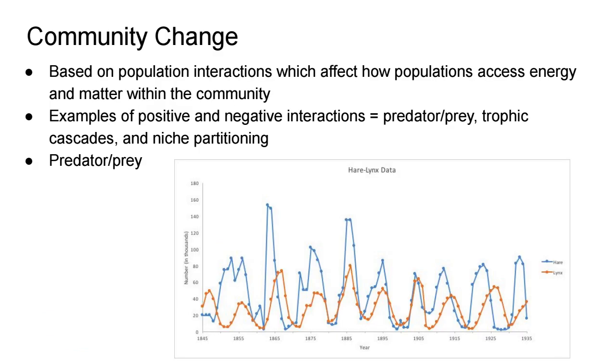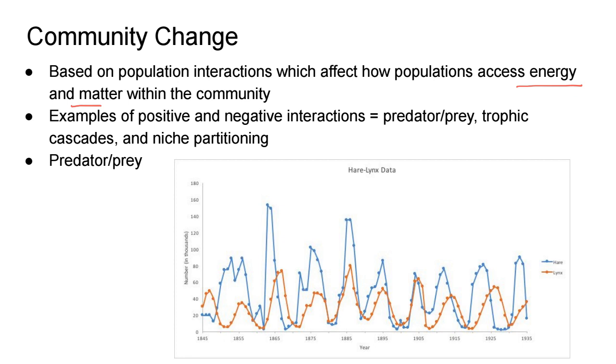So we're going to shift gears now to looking at changes in relationships within the community and how those impact the community. So the interactions between the populations are going to affect how each population is able to access energy and matter within the community. So how it can access carbon and nitrogen and oxygen, as well as energy, food. Okay?